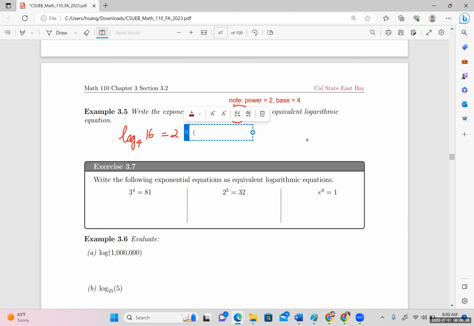And in the meaning of that, it says the power of 4 to get 16 is 2.